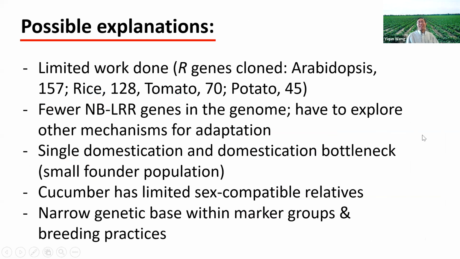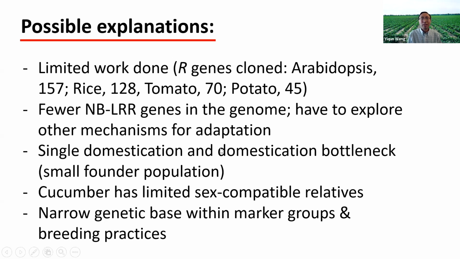I don't need the answers, but here are a few of my speculations, which many of you probably have a better idea about. Of course, one reason may be that we only have 15 genes cloned, compared with Arabidopsis 157 or more, rice 120, tomato 70, potato 45. The sampling size is too small, which is probably true.